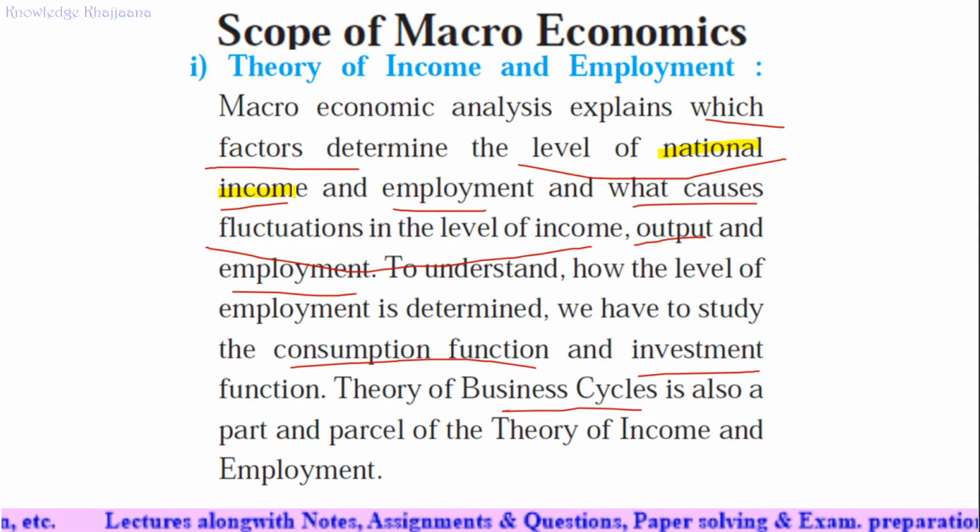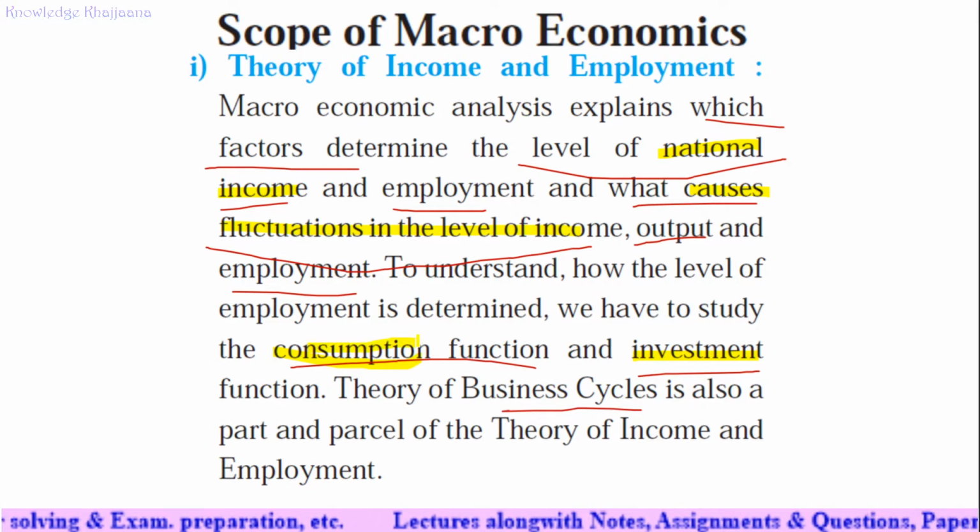It also analyzes the factors affecting the national income, the factors that cause fluctuations in the level of income. Which factors affect the national income? For example, consumption, investment, government expenditure, import and export. These are the factors which affect the national income.